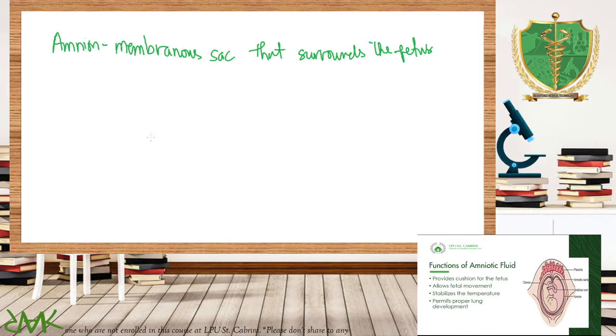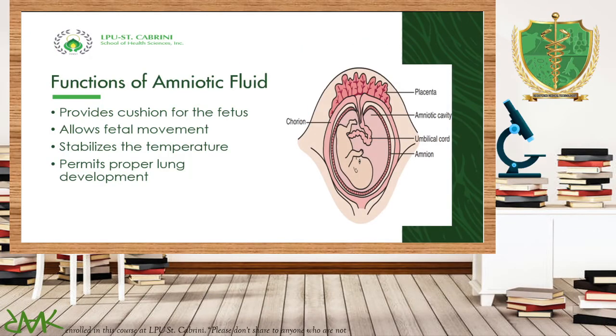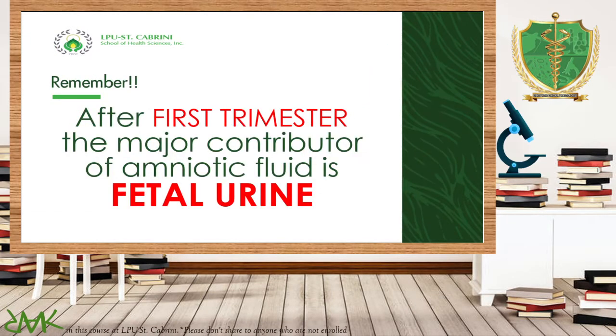Now, going back to my slide. Remember, guys, that after the first trimester of the pregnancy, the major contributor of the amniotic fluid is none other than the fetal urine. Remember that the amniotic fluid volume is regulated by the balance between the fetal urine and the lung fluid.